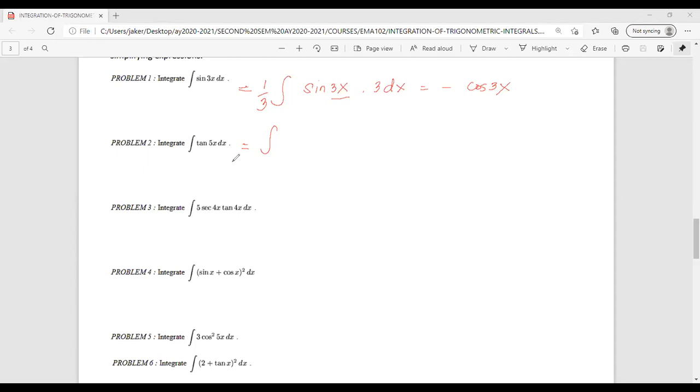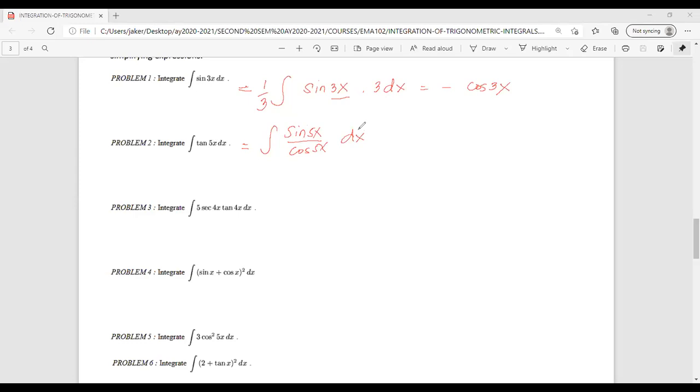If we don't have a direct integral of the tangent, what do I need to do with my tangent? Tangent is sine over cosine. Okay, correct, very good. So we change the tangent of 5x to sine of 5x over cosine of 5x dx.